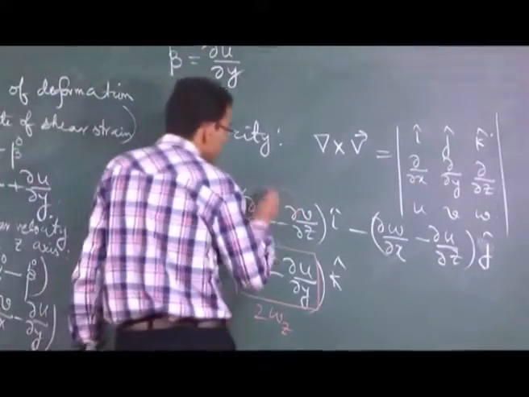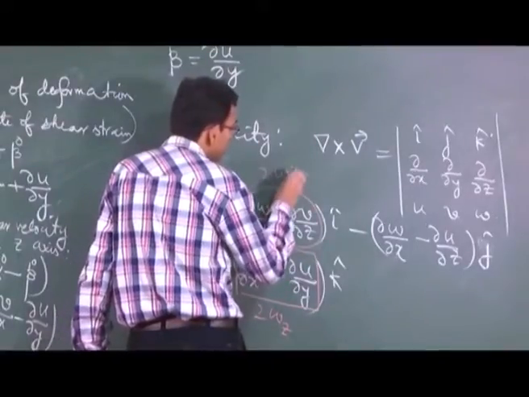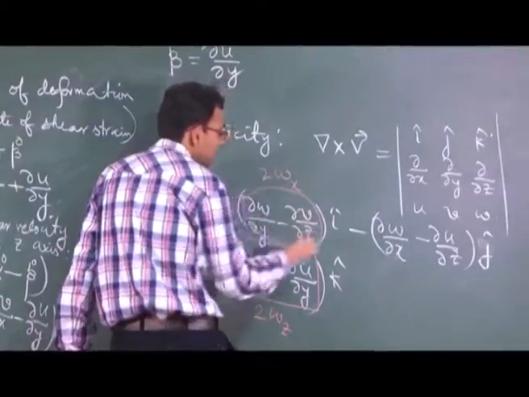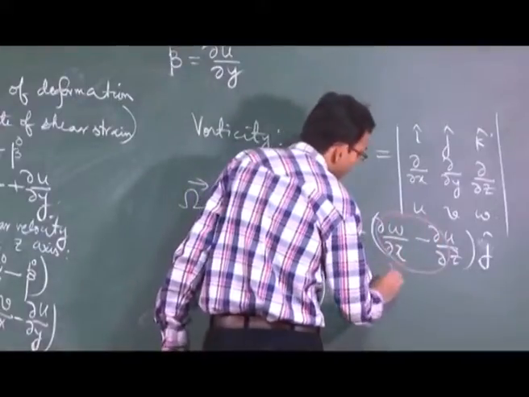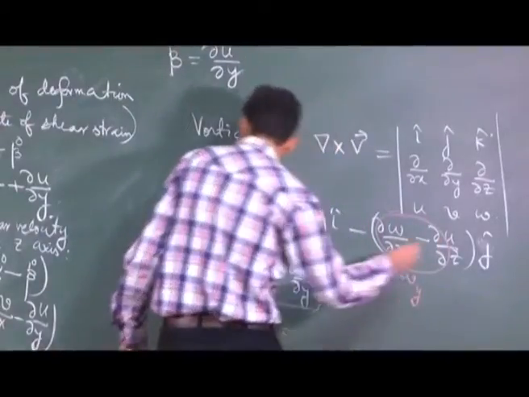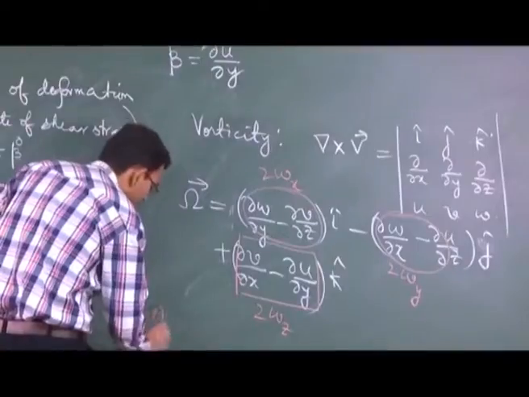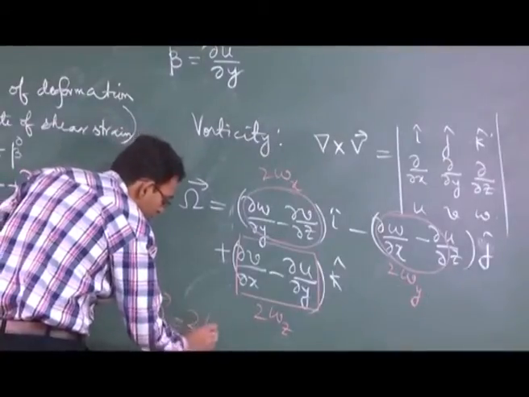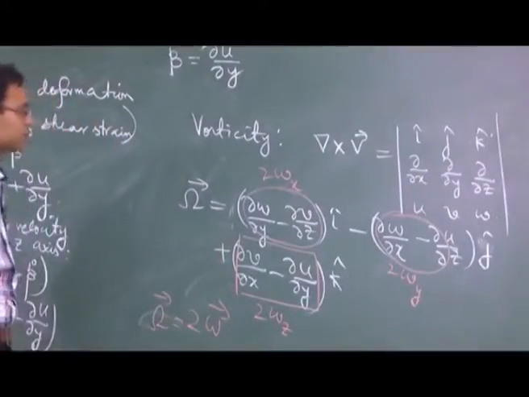Similarly, this is 2 into angular velocity with respect to x axis, and this is 2 into angular velocity with respect to y axis. So, the vorticity vector is physically twice the angular velocity vector.